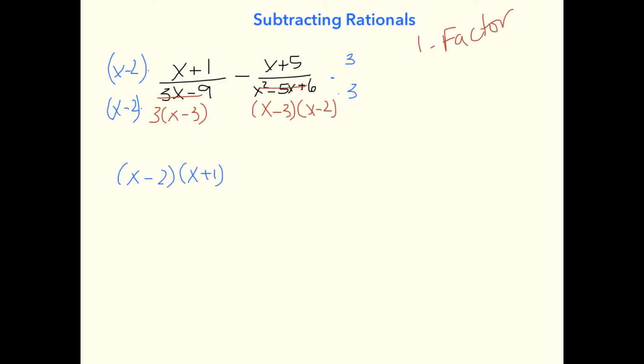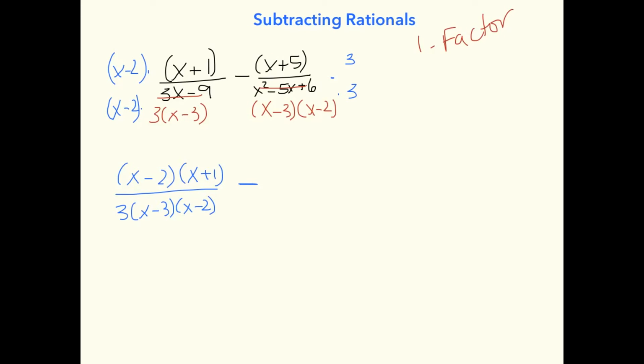So at the top we have an x minus 2 times x plus 1. But on the bottom we have our new common denominator. Subtract. And then up here, be careful because we're multiplying this whole binomial by 3, so you need to distribute. If you want to remember that, always put parentheses around these.